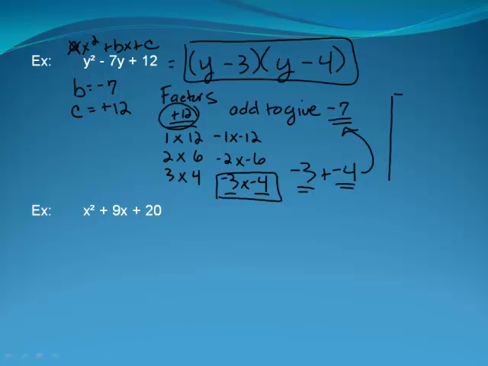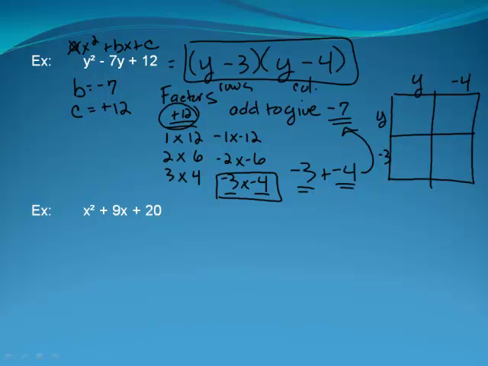Just as a little bit of review, let's say you wanted to use the area method to multiply it out and check it. Remember, what you have here is rows and columns. For our rows, we've got a positive y and a negative 3 as our label. For our columns, we've got a positive y and a negative 4 for our label.